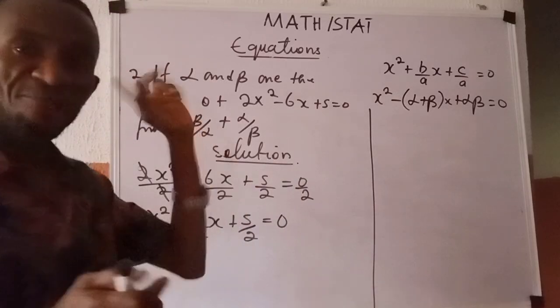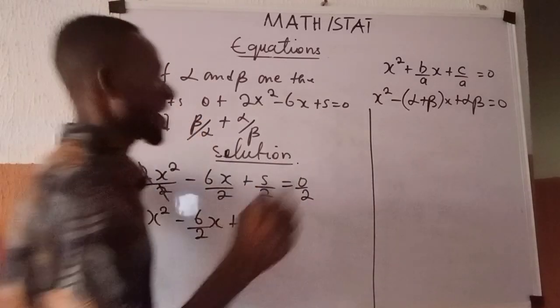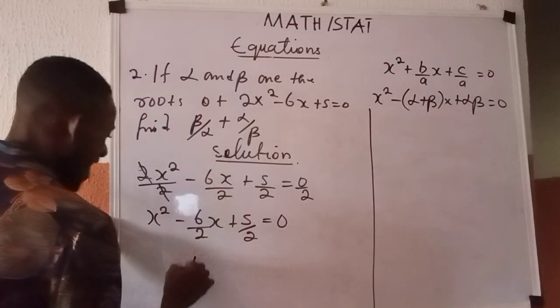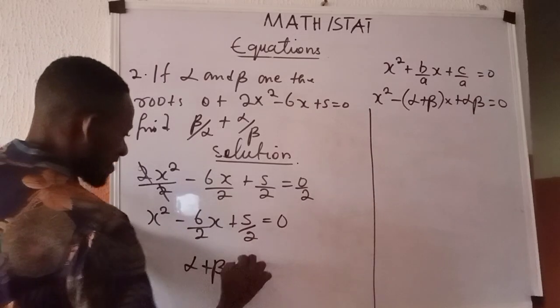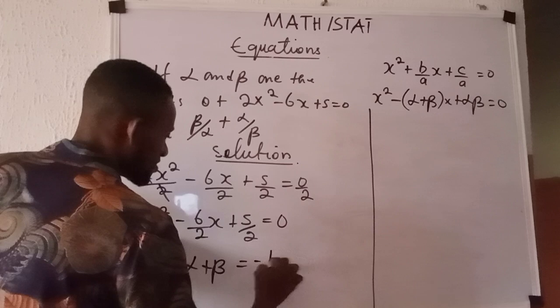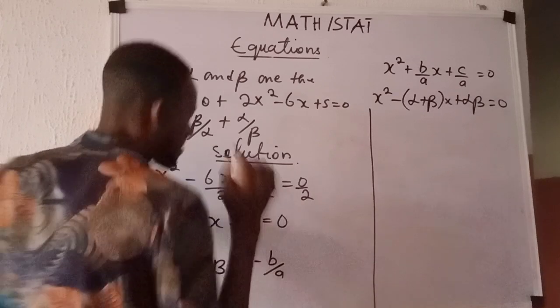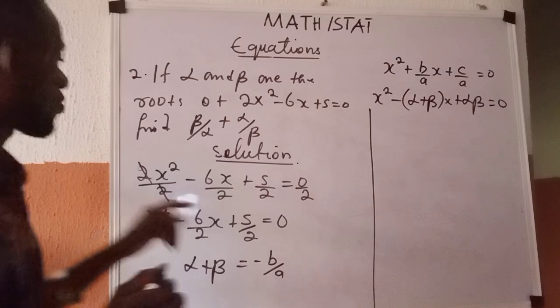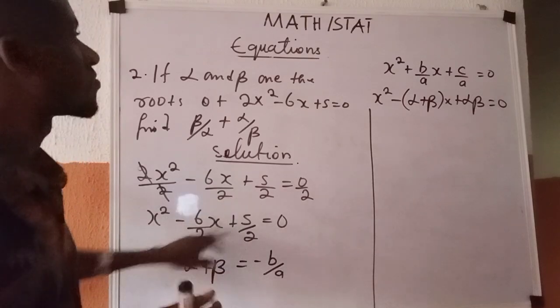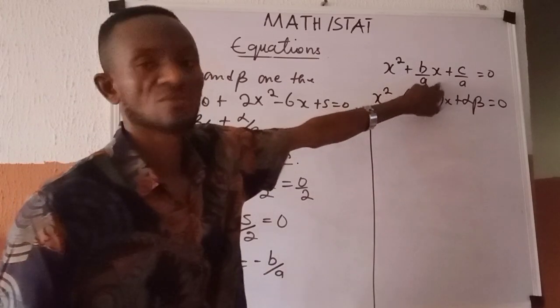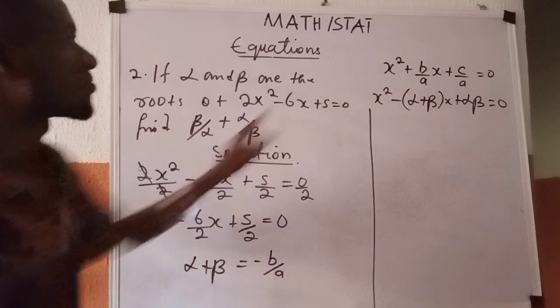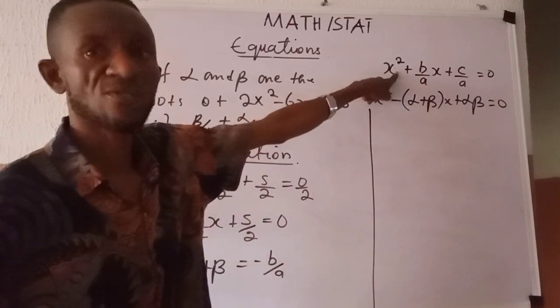Based on what we had earlier, alpha plus beta is given as minus b all over a. That was what we had. So we now want to compare this with this. This is my x raised to power 2, this is my x raised to power 2.